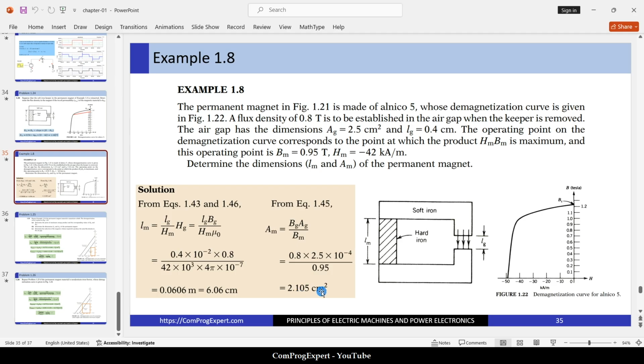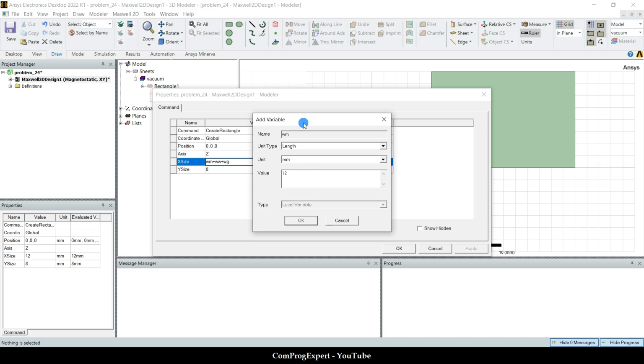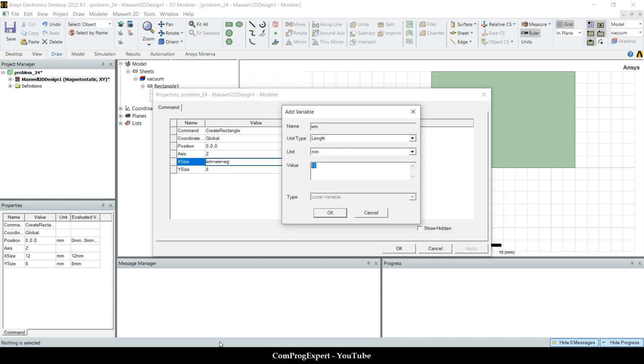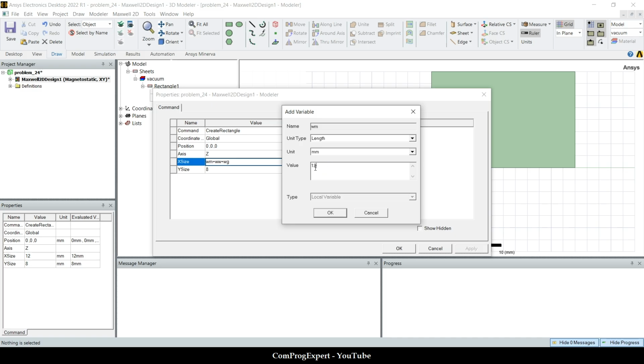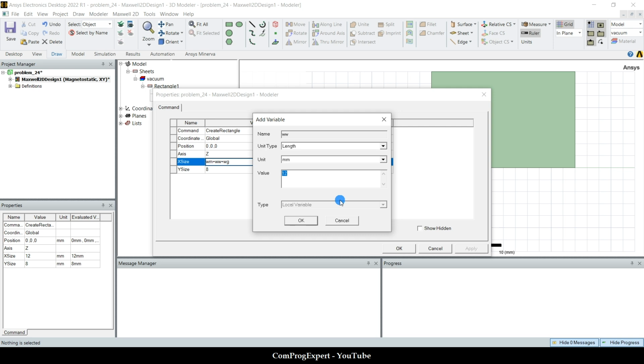So, considering this assumption, the depth of the problem is 1 centimeter. Here, the width of the magnet for this example is 2.105 centimeter. The width of the window, let's consider 15.